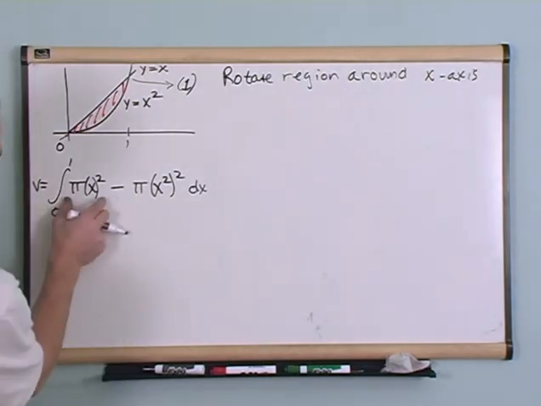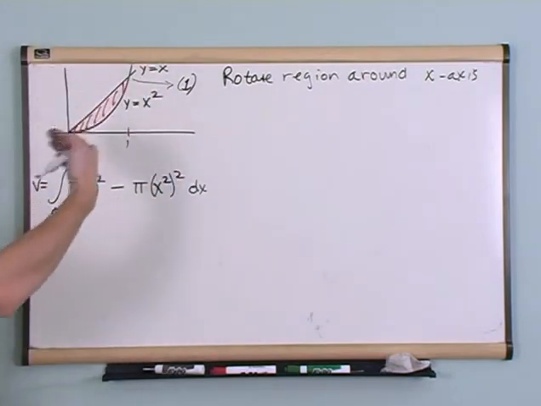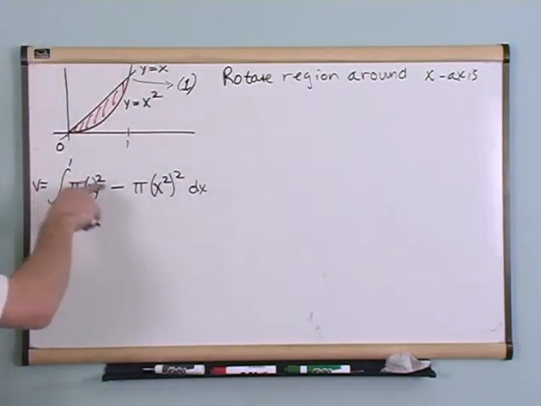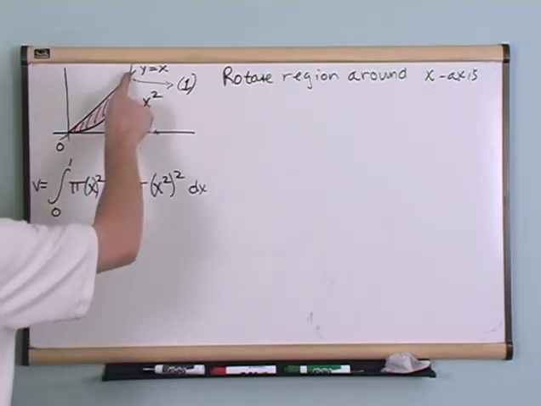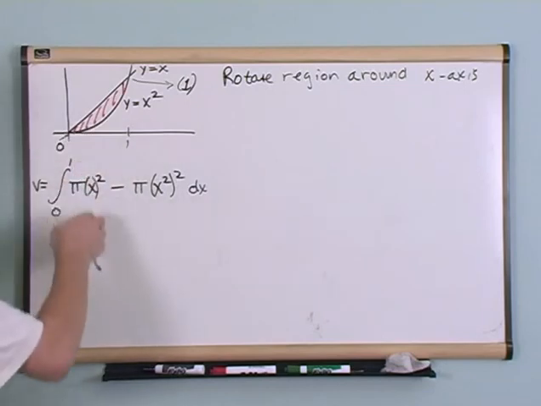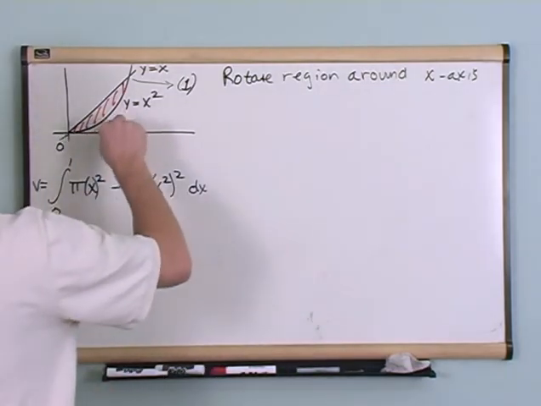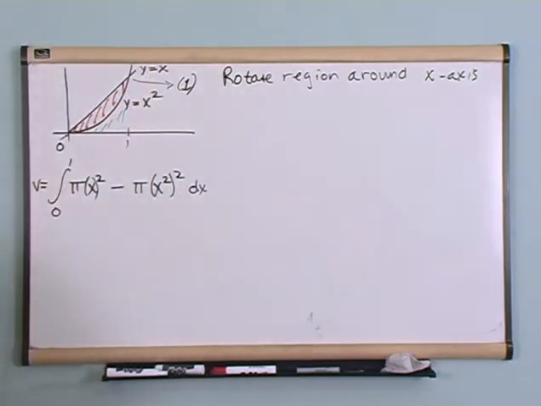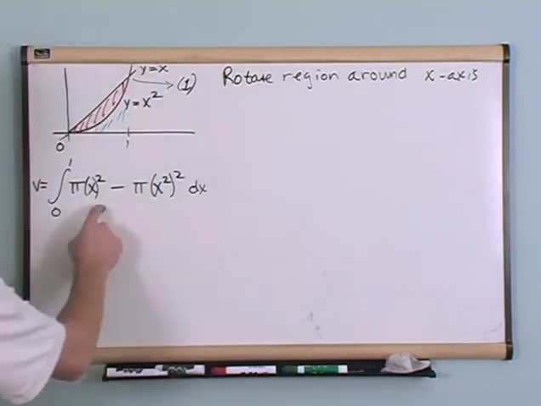So when you do this part, you're finding the volume of what you would have if you rotated only that line, which would be a pretty big volume, like a cone. And then this one is the volume that you would have if you had just this curve rotated around, which is basically this area underneath the curve, rotated all the way around. But you're not interested in that. You're interested in the difference between them, so you just subtract them, like this.